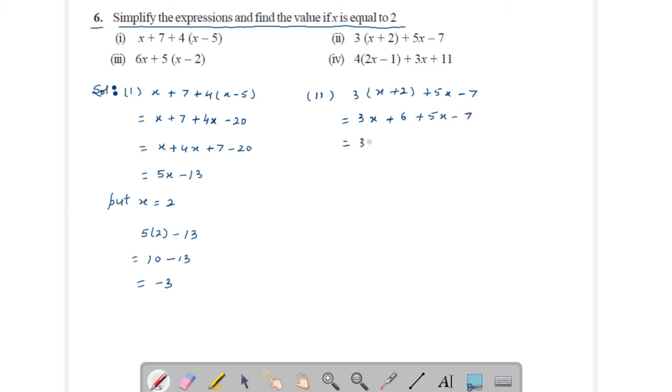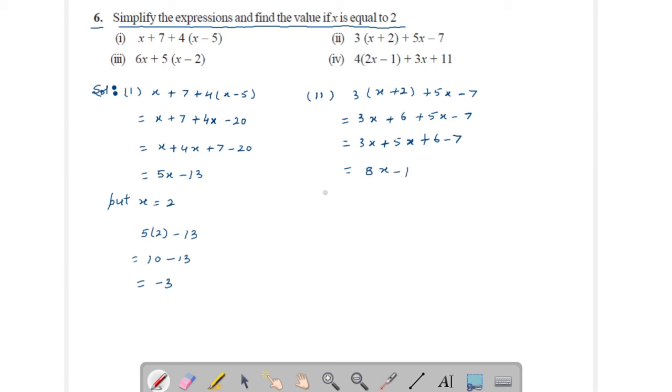It is 3x plus 5x plus 6 minus 7. 3x plus 5x, it is 8x, plus 6 minus 7, it is minus 1.